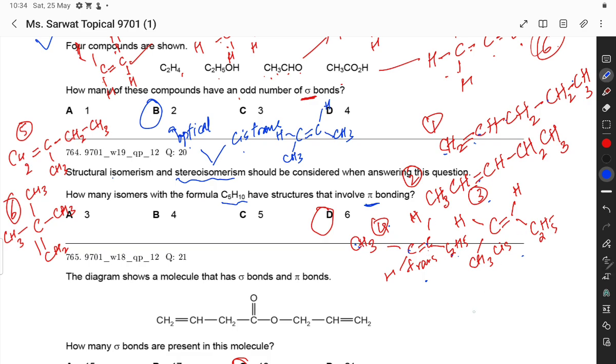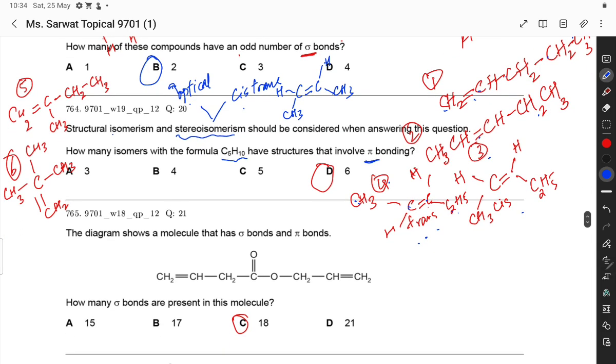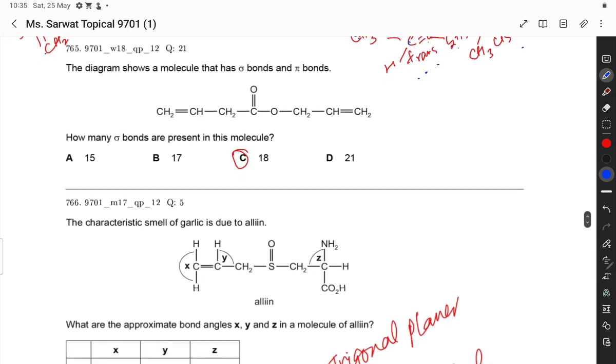Pent-2-ene has one structure like this and the other is the cis-trans isomer. Next, 5 is this structural branch isomer and this is also a branch isomer, 1, 2, 3, 4, and this is 6 types of isomers. So how many isomers with formula C5H10 have structures involving pi bonding? There are a total of 6 isomers.